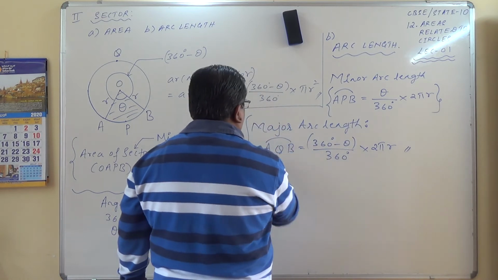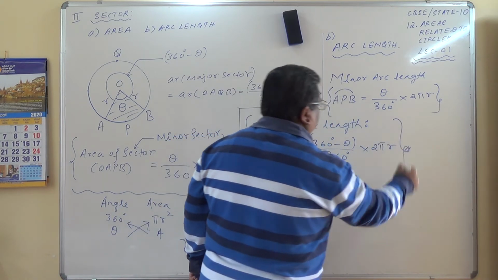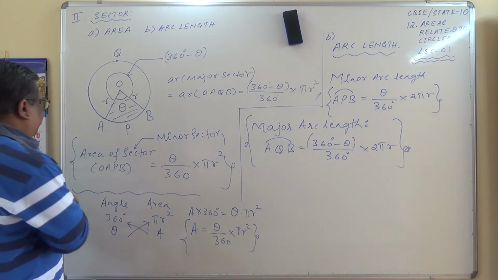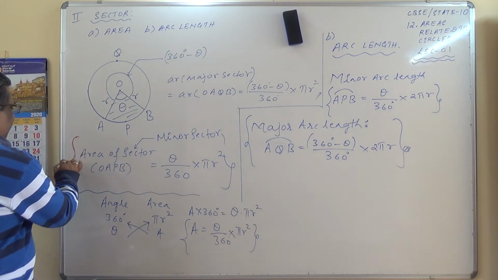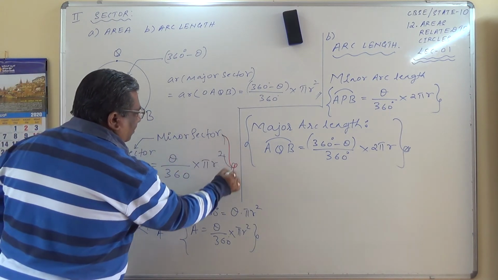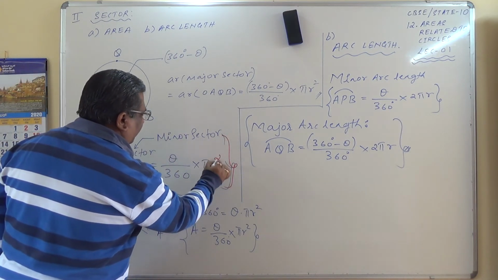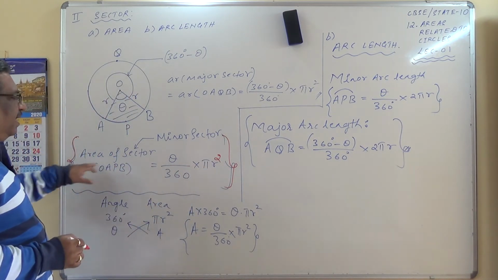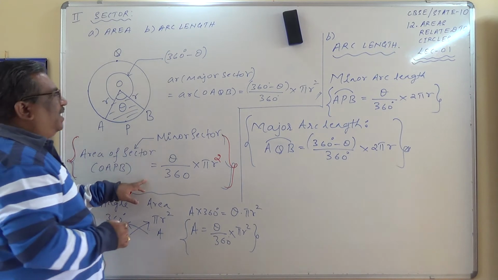So note down these two formulae also along with the area of the sector. So how many formulae we looked into? Very important. See here, this is area of the minor sector: theta by 360 into pi r square.